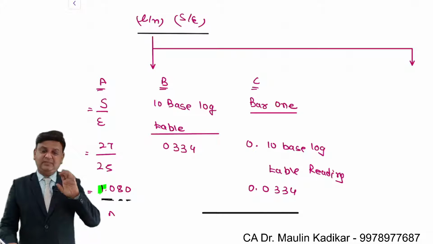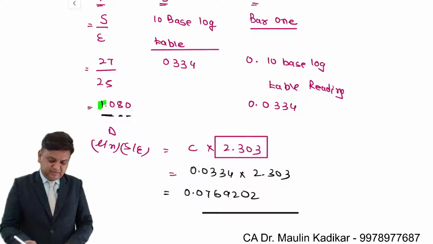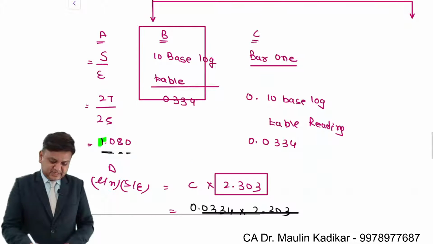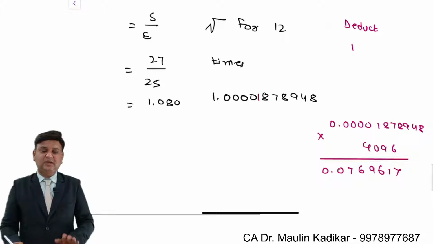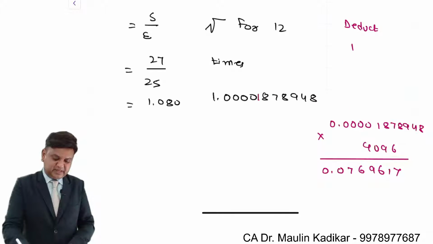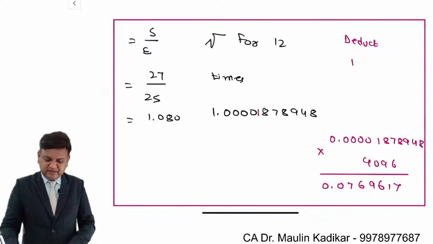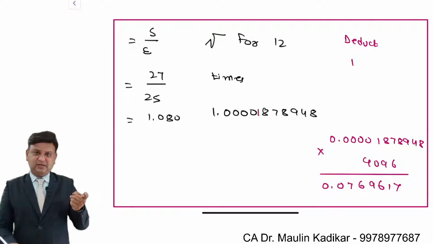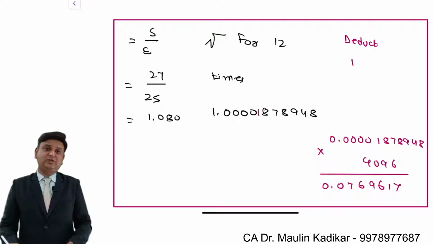However, there may be a possibility that the 10 base log table may not be provided to you. That is the reason it is essential that you understand how to calculate the answer with this method. You may do the answer with the first method, or with this method. Both of them are acceptable and both are going to lead you to the same answer.